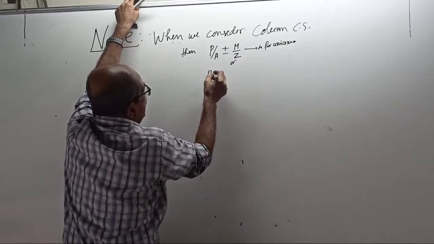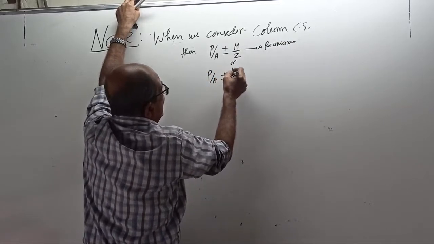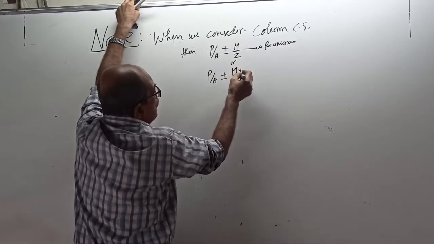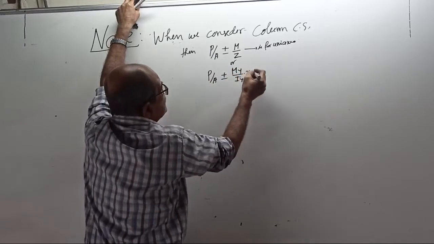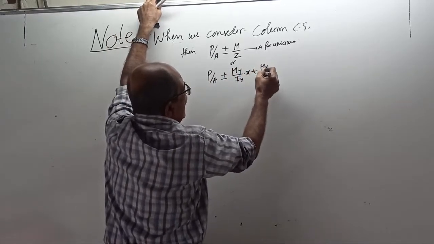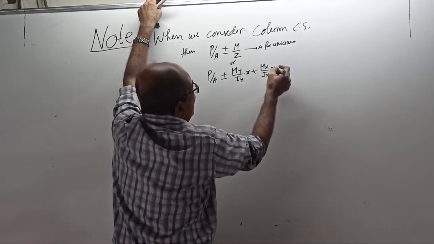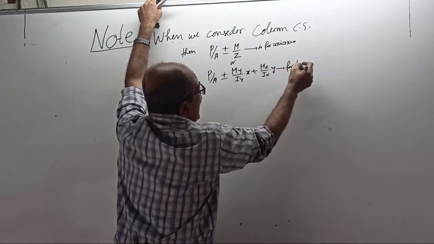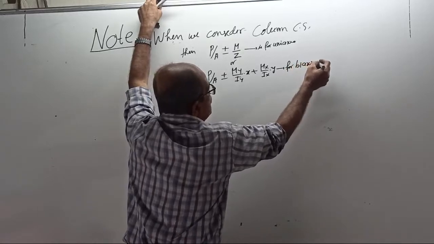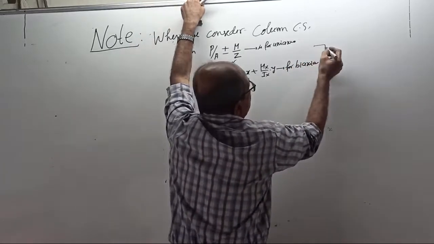Or P by A plus or minus My by Iy into X plus Mx by Ix into Y. I wrote X and Y there. This is for biaxial.